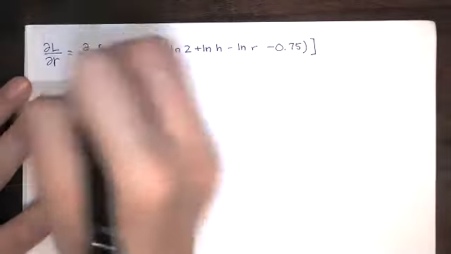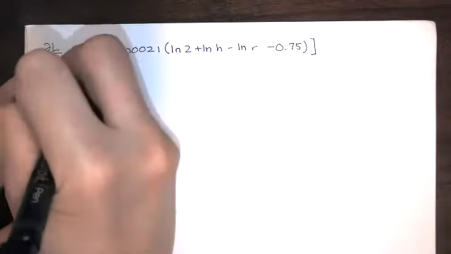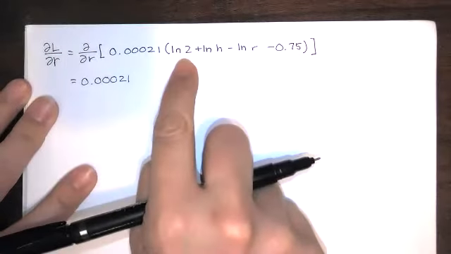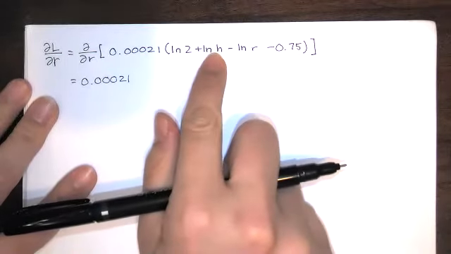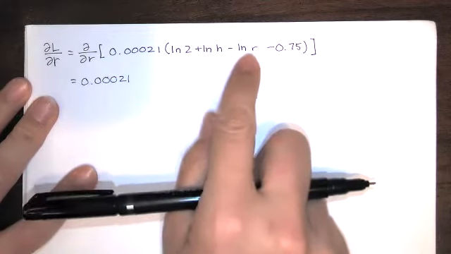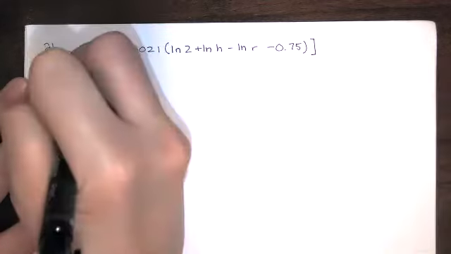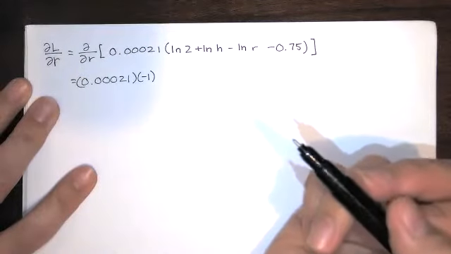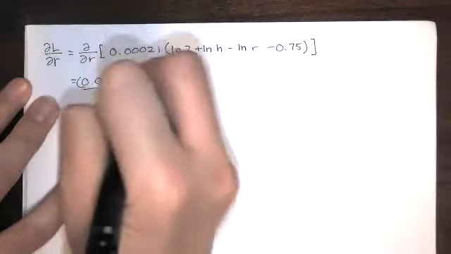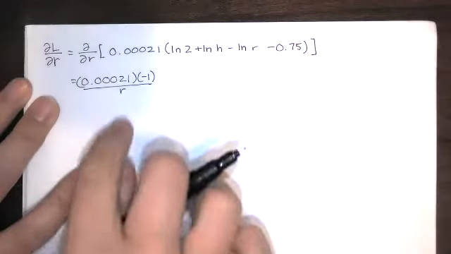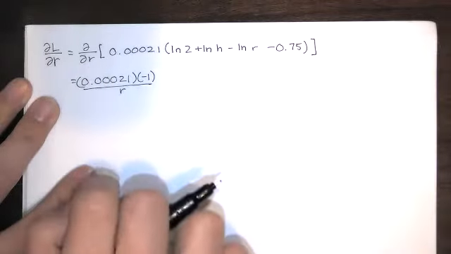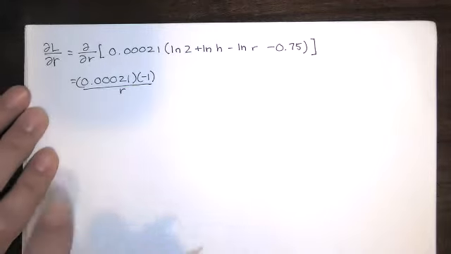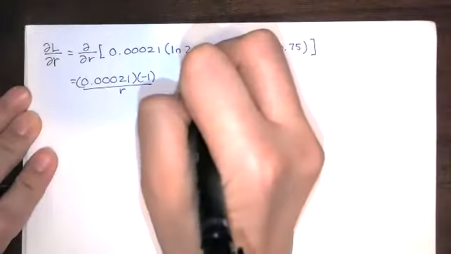Okay, I've got a constant times a function of R, so we bring down the constant. This doesn't have an R in it, so the derivative is 0. That doesn't have an R in it, so its derivative is 0. Then I've got a -1, so I bring that down, times the derivative of natural log of R with respect to R, which is 1 over R, or you can just divide by R, that's the same thing when you multiply all those guys together, and of course the derivative of the -0.75 is 0. So that is the partial of L with respect to R.